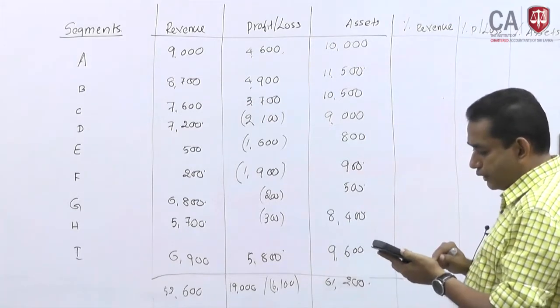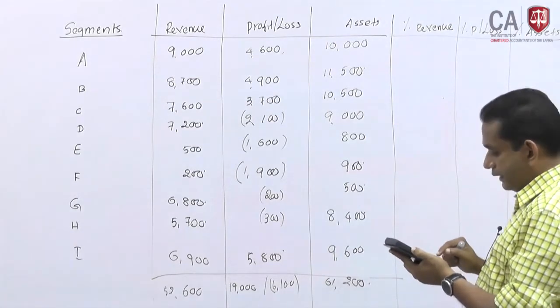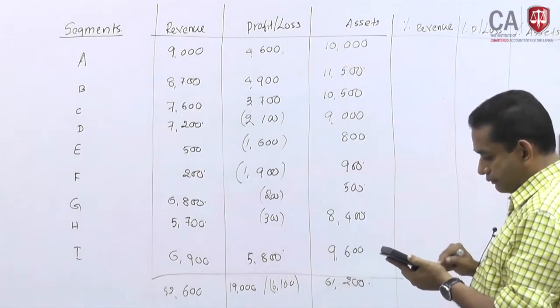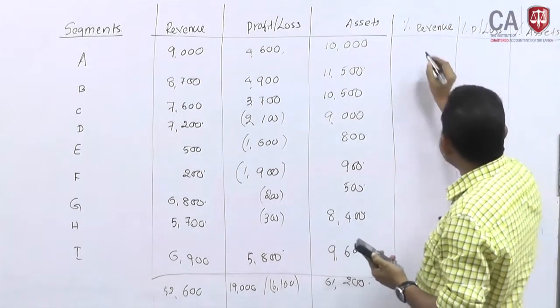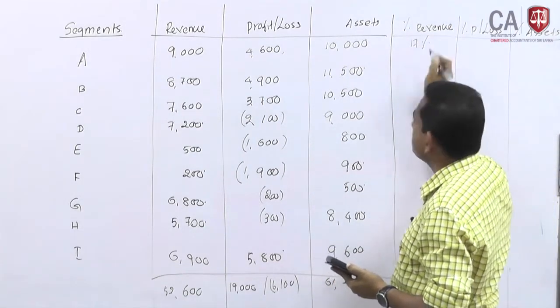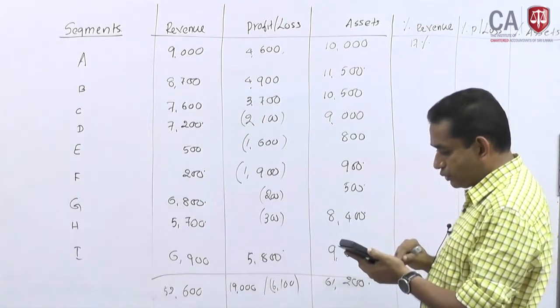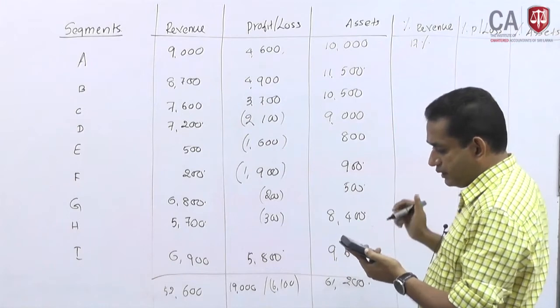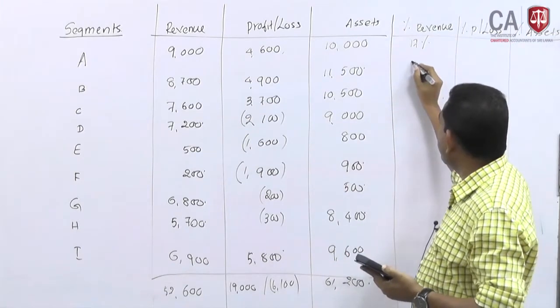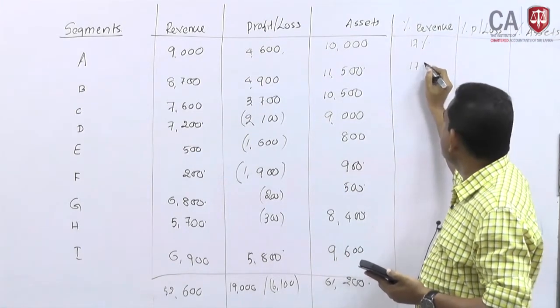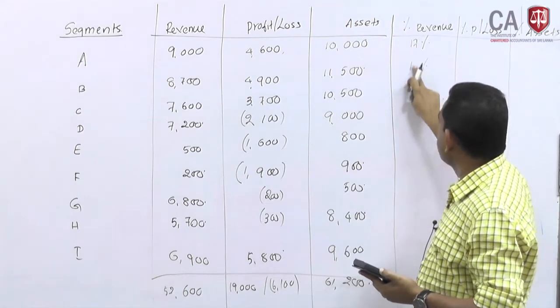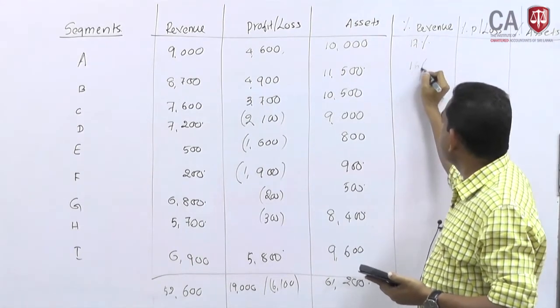So, 9,000 divided by 52,600 into 100, it is 17%. 8,700 divided by 52,600 into 100, that is 16.5. We will make it 16%.